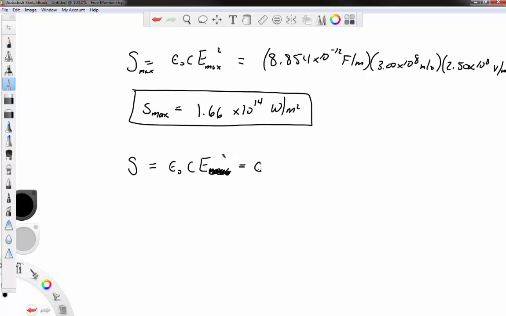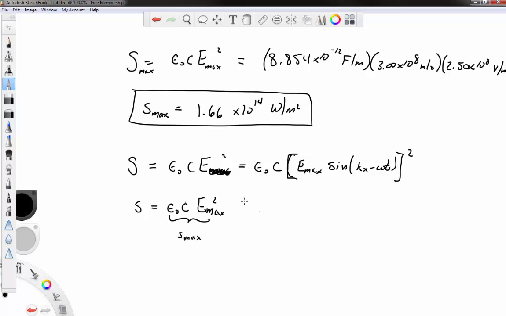That's basically going to be the same as epsilon naught C times E max times the sine of kx minus omega t, squared. So you can pull some stuff out to get that S is equal to epsilon naught C E max squared. This would be the same as S max, the maximum Poynting vector, times the sine squared of kx minus omega t.